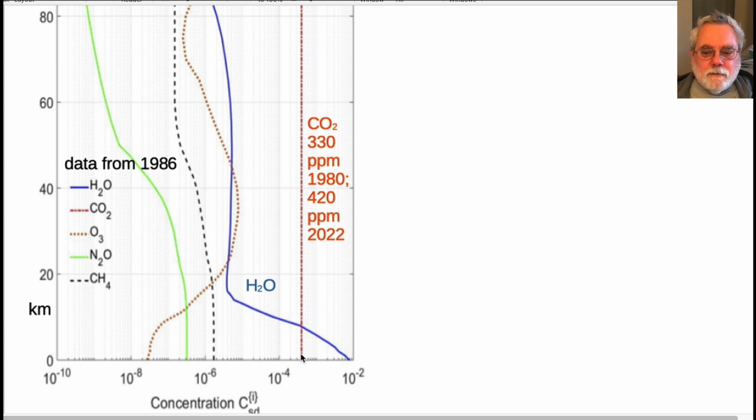Carbon dioxide concentration was about 280 parts per million before the Industrial Revolution, was about 420 parts per million in 2022, and climate scientists really don't want it to reach 800 parts per million in the future.